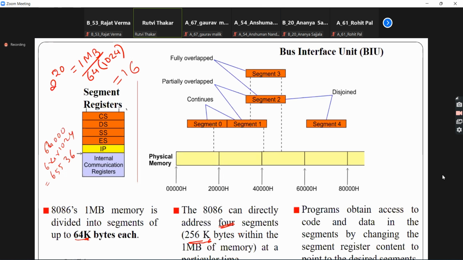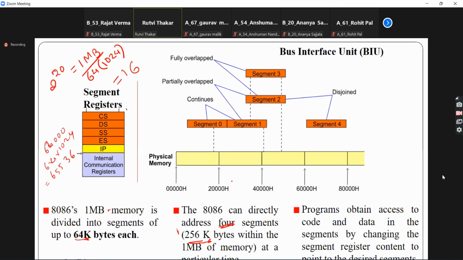Next, the program obtains access to code and data in the segments by changing the segment register content to point to the desired segment. So I told you that we have a total of 1 MB, but out of which I can use only 256 KB for the segments.